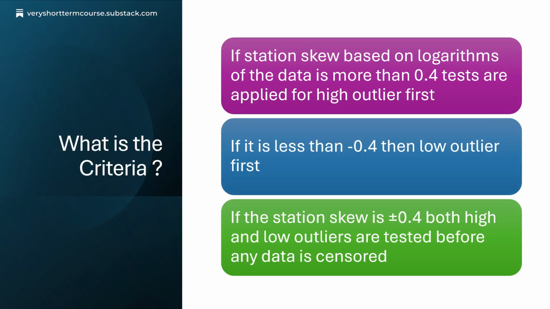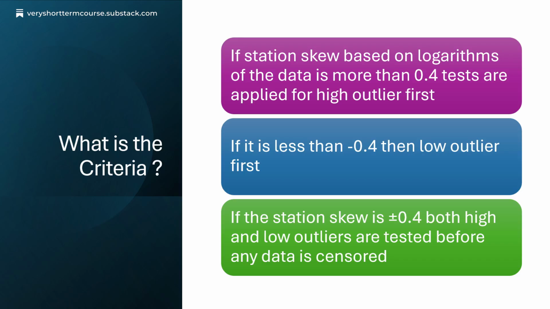Now, what is the criteria? How it detects the outlier, I will discuss later on, but there is some criteria that you must remember. The station skew, that means the skewness of the data, we can find out the skew of a data set by using the skewness formula. The skew of logarithms of the data: the first step when you get the data set for detecting outliers is to find the log of each of the data.